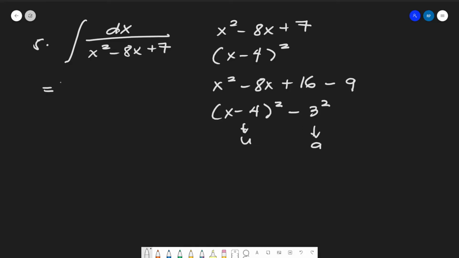So, we have the integral of, what is the differential of our x minus 4? That is obviously dx, so du. It is now in the form of u squared minus a squared. And what is our formula for this?